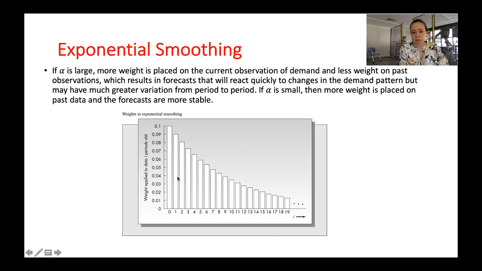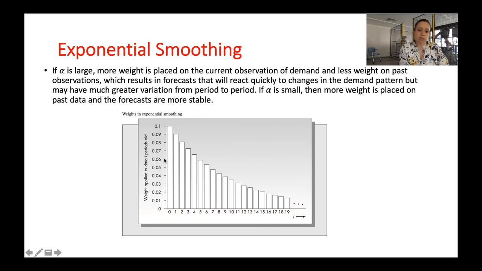Then the weight decreases exponentially for the rest of the data. For that reason, in fact, we call this method exponential smoothing. In this method, we use all the observations, we assign weights to all of them, but the weights are decreasing exponentially, as you can see from the graph.